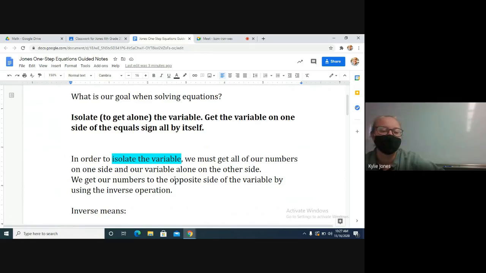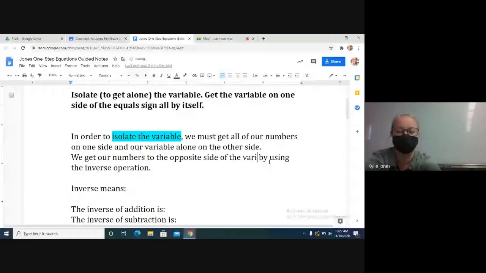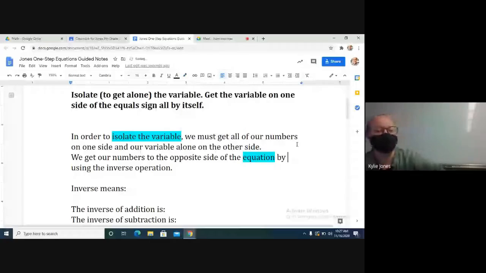Okay, change this. This is not variable. This is equation. So you need to get your numbers to the opposite side of the equation by using the inverse operation.